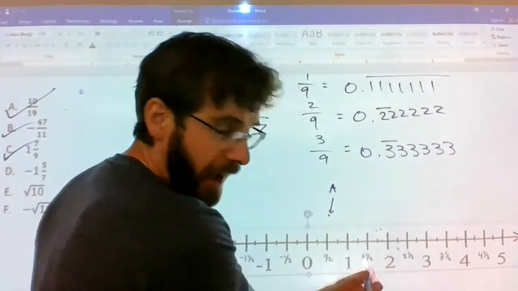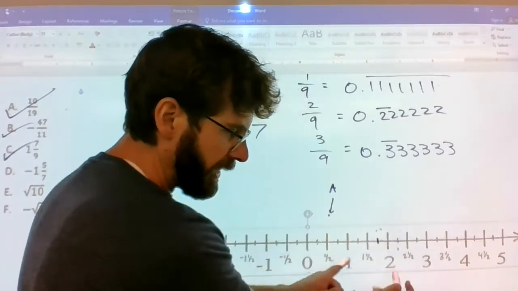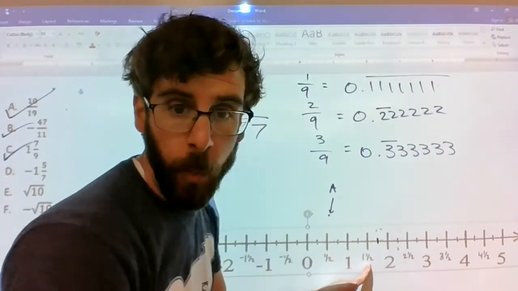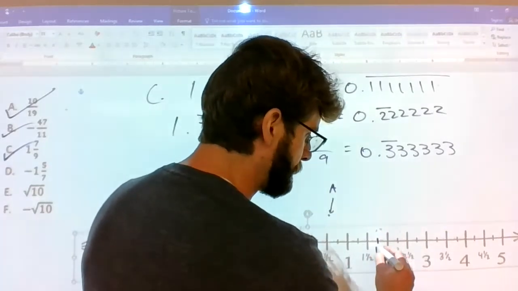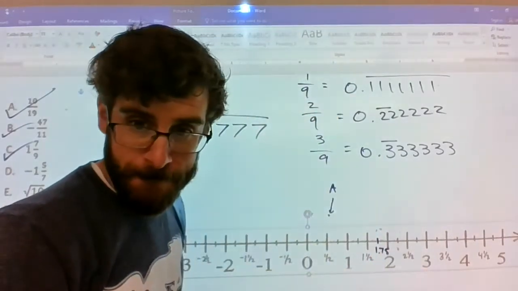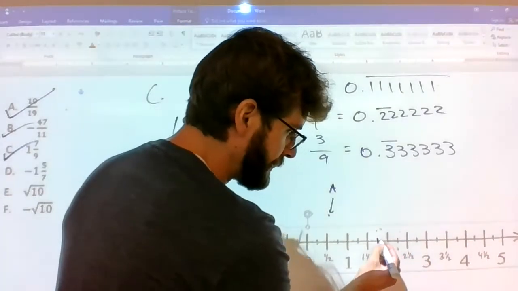So 1.5 is right here. The tick mark between 1.5 and 2 is 1.75. So if this is 1.75, then that means 1.7 repeating is going to be to the right of it.